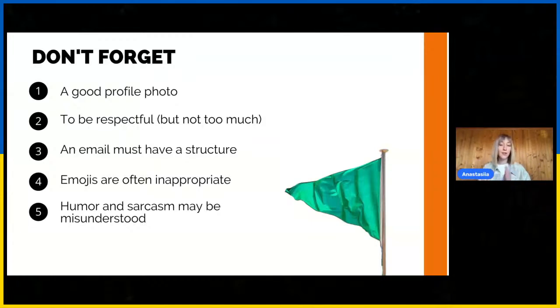So if you are not sure about one of these points, it's better not to use humor at all. If you're sure that this person will understand your joke, make a joke. But if you have even some shadow of a doubt, it's better to avoid using humor in your emails.